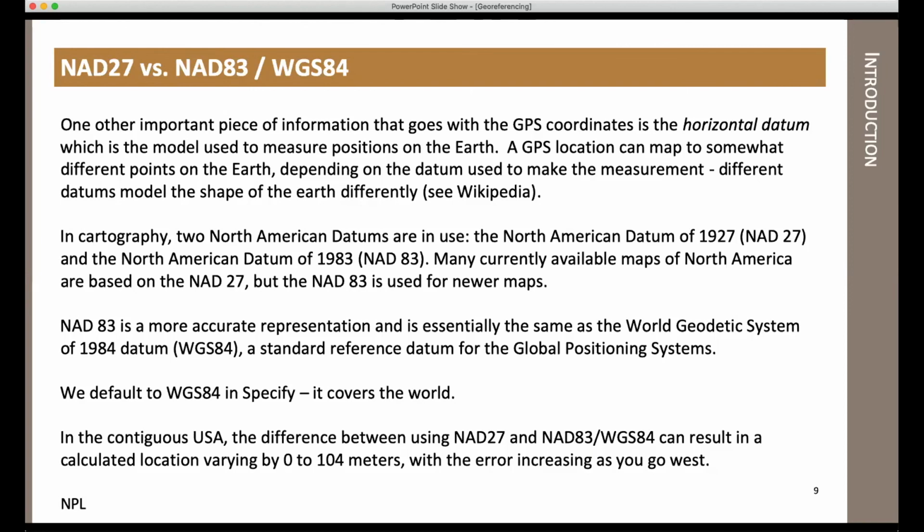And because in Specify, we've got a collection that covers the entire Earth, that's the standard we use. Now, how would this matter? In the Western United States, you can be off by 100 meters if you don't know which standard you were using. For most of us, that's probably not going to matter very much, but it's something that we've got to take into account.